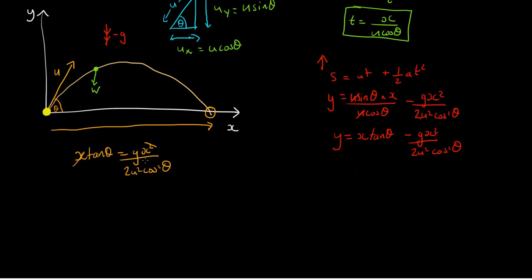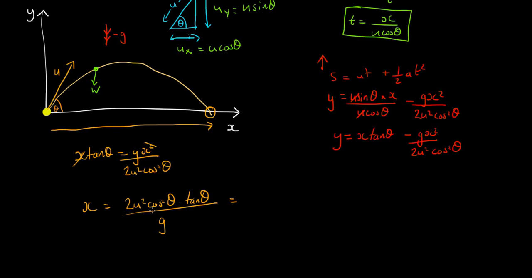So if we rearrange this for x, we end up with x is equal to 2u squared cos squared theta times tan theta, just taking this term up, and then divided by g. Now, cos squared times tan theta, well, tan theta is made up of sine theta divided by cos theta. So if we write that, we'd have sine theta on the top and cos theta underneath.